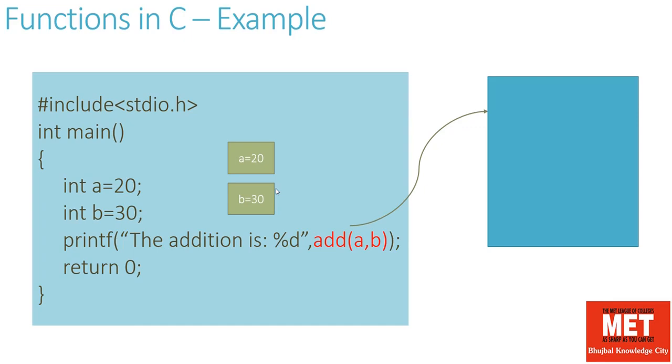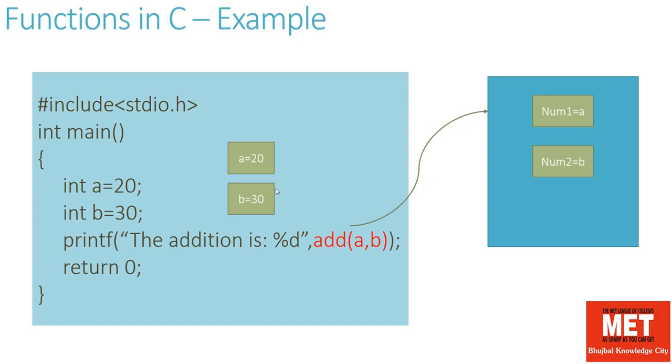When the function is loaded, the first thing that happens is the actual parameters are copied into formal parameters. So we have num1 separately allocated and the value of a is copied into num1. Same way we have num2 separately allocated and the value of b is copied into num2.